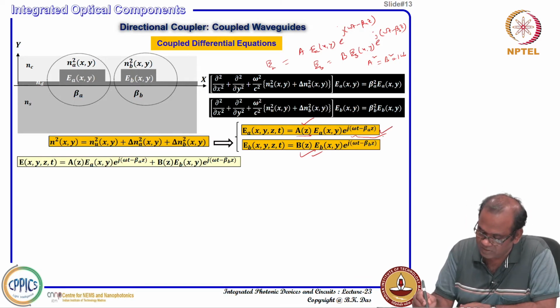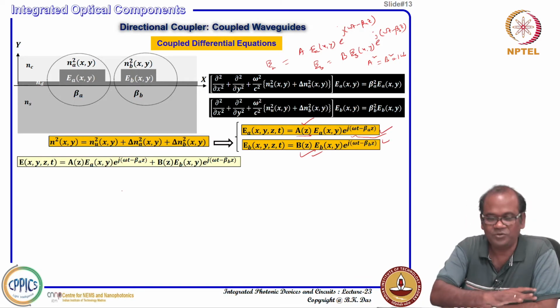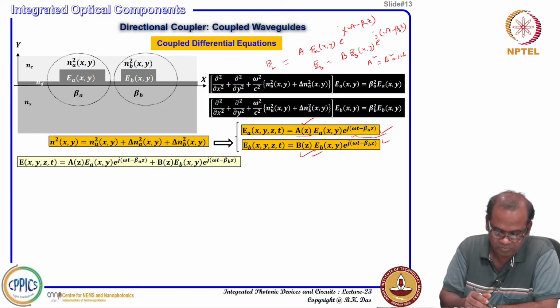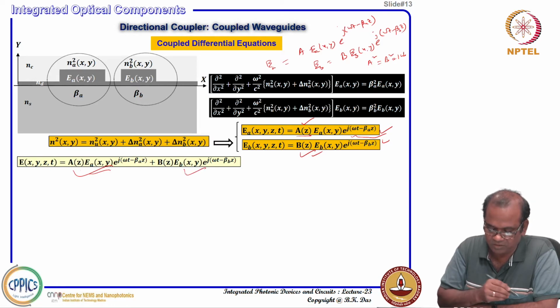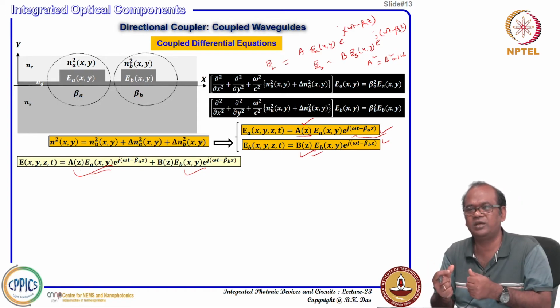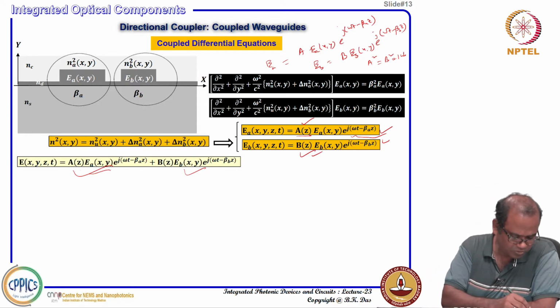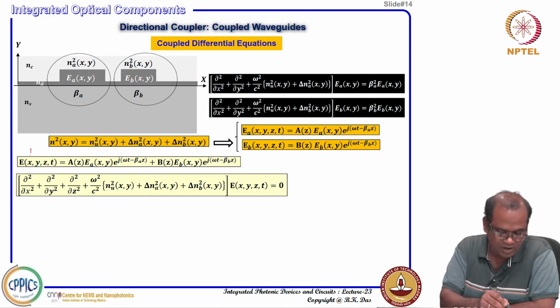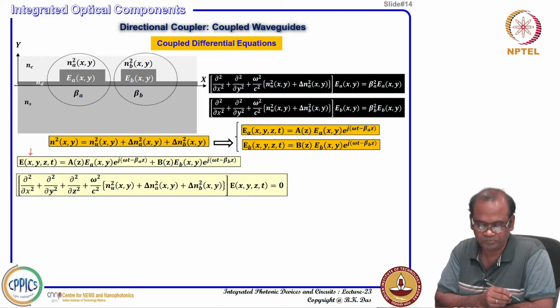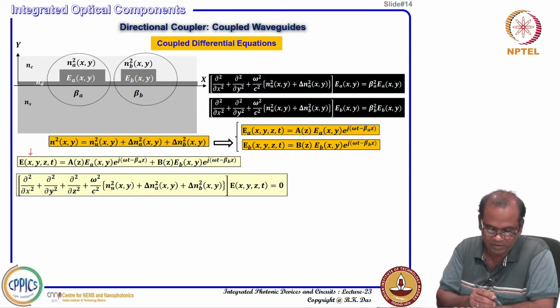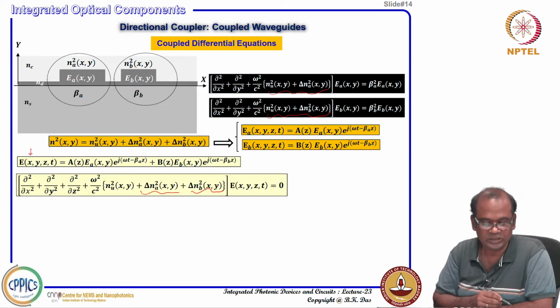So in that case, this is the situation. I can say what the total field in the system is: the z-dependent variation of waveguide A and of waveguide B, their superposition, I can consider as the field strength. In the corresponding differential equation, instead of just waveguide A, we consider this refractive index for waveguide A and this refractive index for waveguide B, so the presence of both waveguides is in the wave equation.